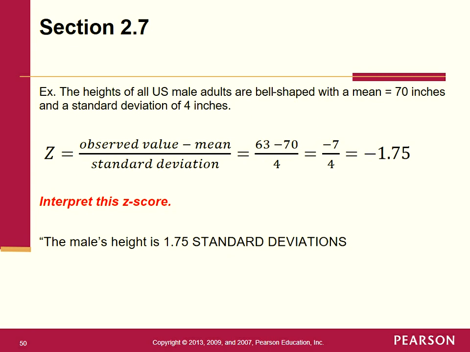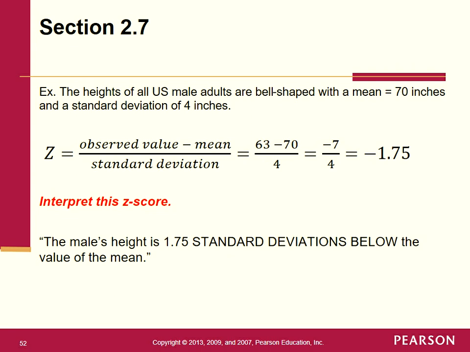So the male's height is 1.75 standard deviations, be careful, below. Why below? Because it was a negative 1.75. If this was a positive number, we would say above. We talked about that already. So the male's height being 63 inches is 1.75 standard deviations below the value of the mean. It's not in terms of inches, it's in terms of standard deviations.